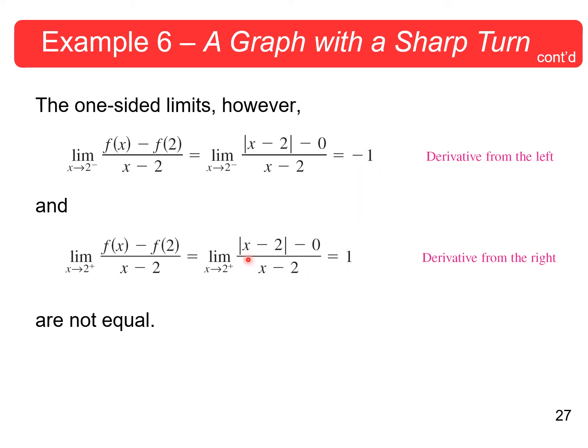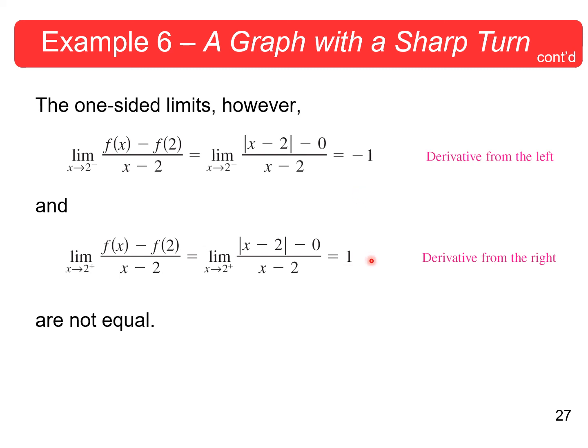Now for the derivative from the right, or for this right-hand limit, this expression can be replaced by x minus 2. So therefore, you just have x minus 2 over x minus 2 in this case because you have 2 from the right, that is x greater than 2. So if you cancel x minus 2, you have 1. So the limit is just equal to 1.